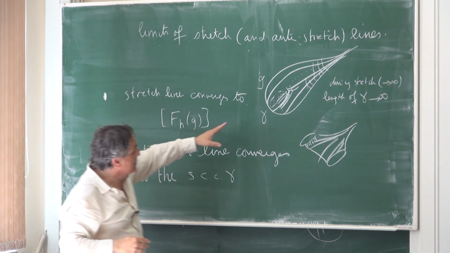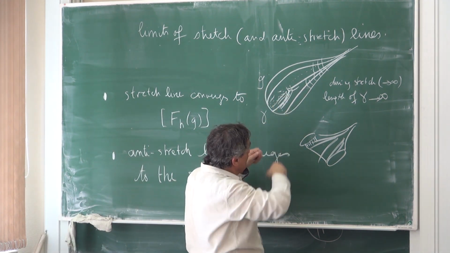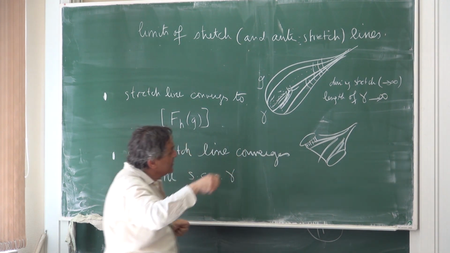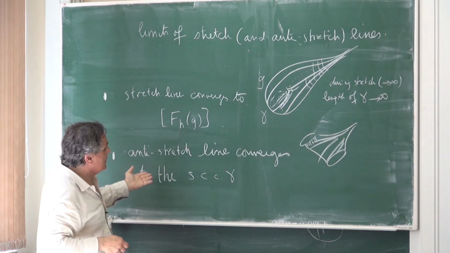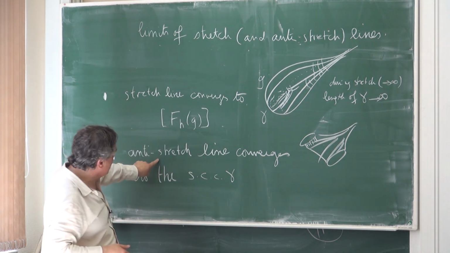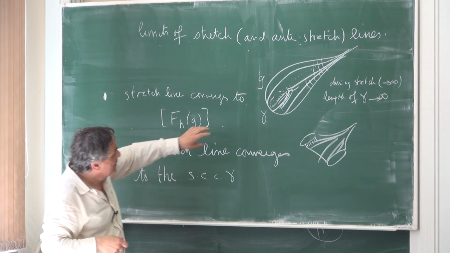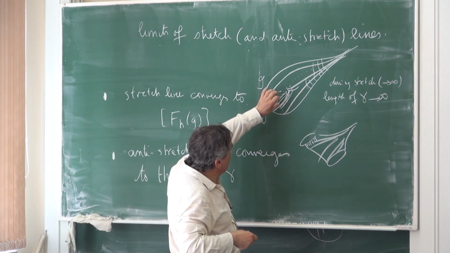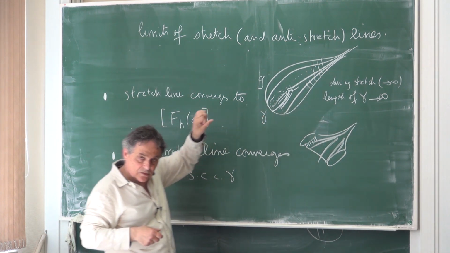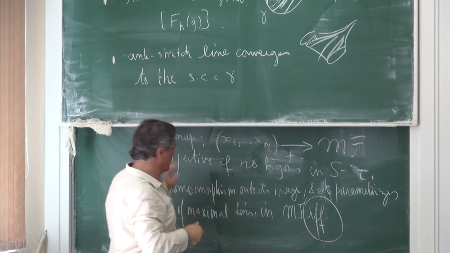On the contrary, it is converging to this horocyclic foliation, because its transverse measure is going to infinity. And in the anti-stretch line direction, the length of this curve is going to 0.